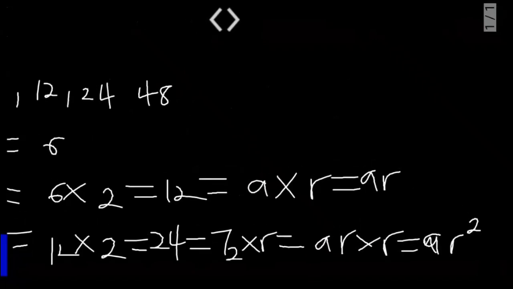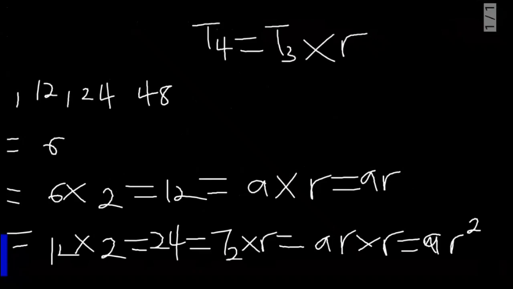Now what about our fourth term? Our fourth term is our third term multiplied by the common ratio. So this is Ar squared multiplied by r. So here we have Ar cubed.